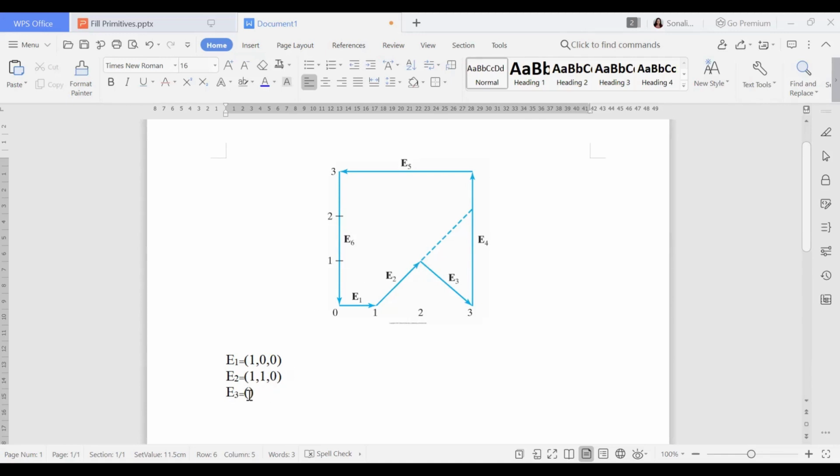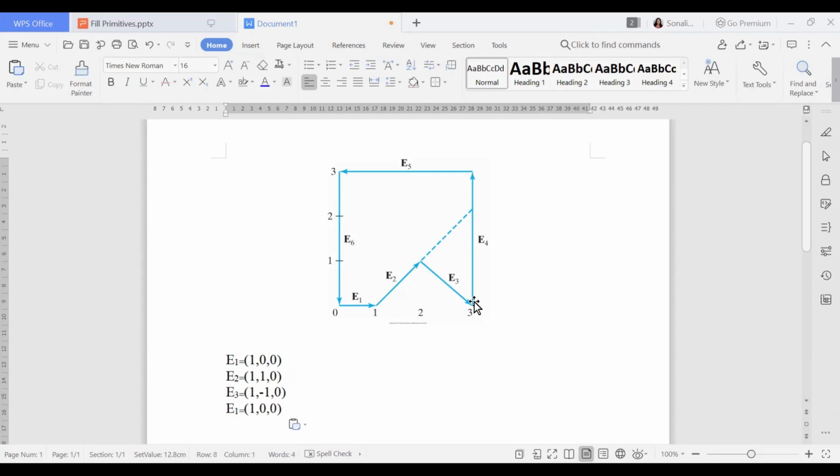From here to here I have moved, so my x-axis will be positive and my y-axis will be negative because I'm moving down, and as usual my z-axis will be 0.